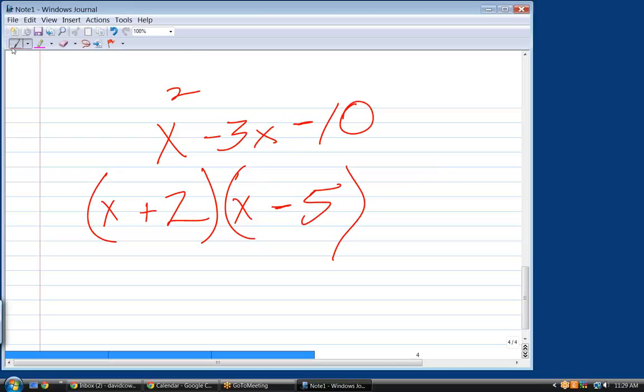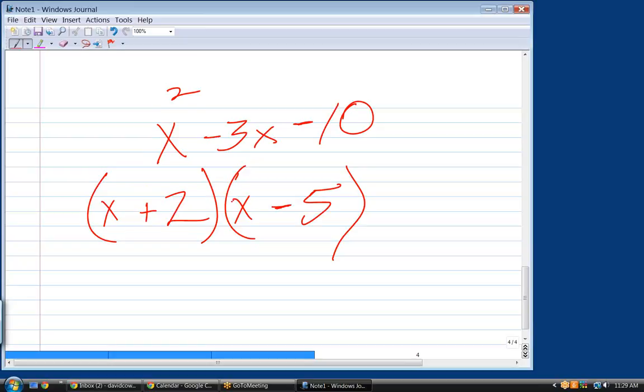Now, in order to check our answer, you would think that we just have to FOIL this thing back together again and make sure we end up with that. But the reality is we really don't have to do that much work. I could do that, but I know that my x times x is x squared. I started out splitting it up like that.